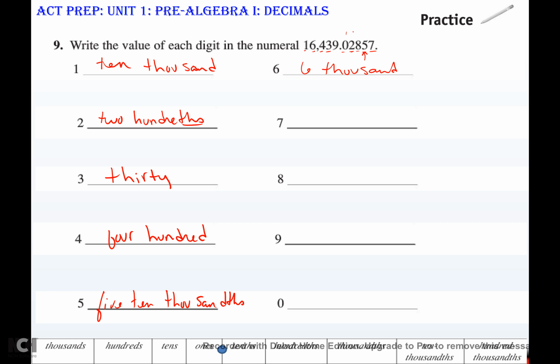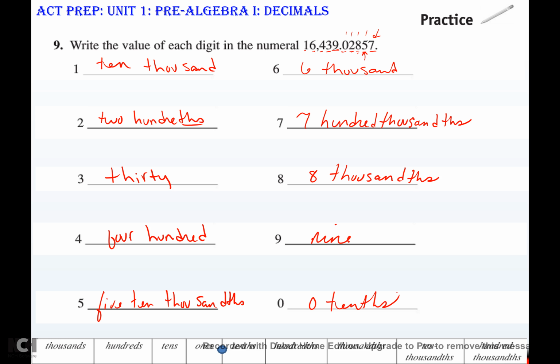The 7 is in the tenths, hundredths, thousandths, ten-thousandths, hundred-thousandths, so that would be 7 hundred-thousandths. Okay, the 8 is in the tenths, hundredths, thousandths, so that would be worth 8 thousandths. The 9 is in the ones place, so that would just be worth 9. The 0 is in the tenths place, so that would be 0 tenths.